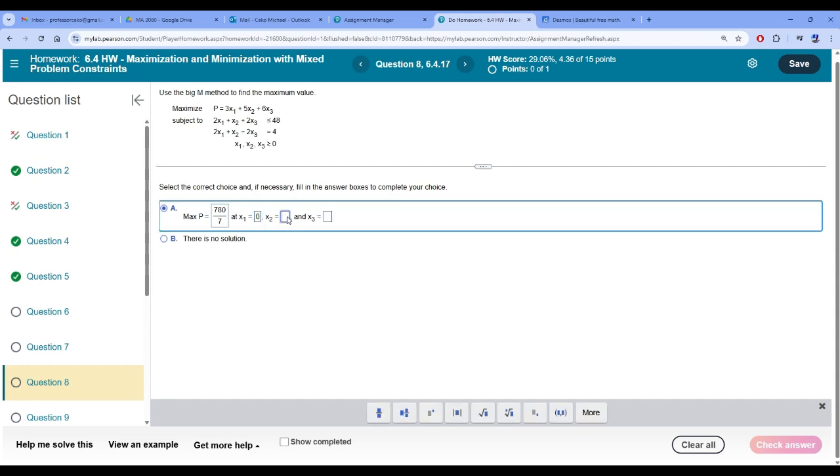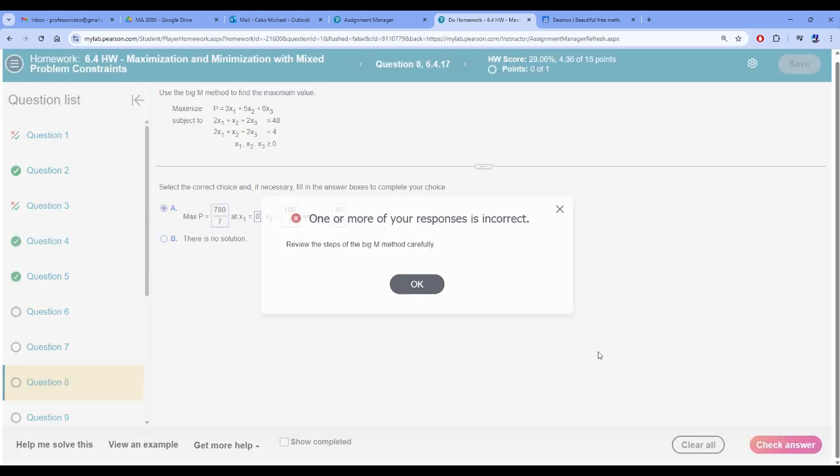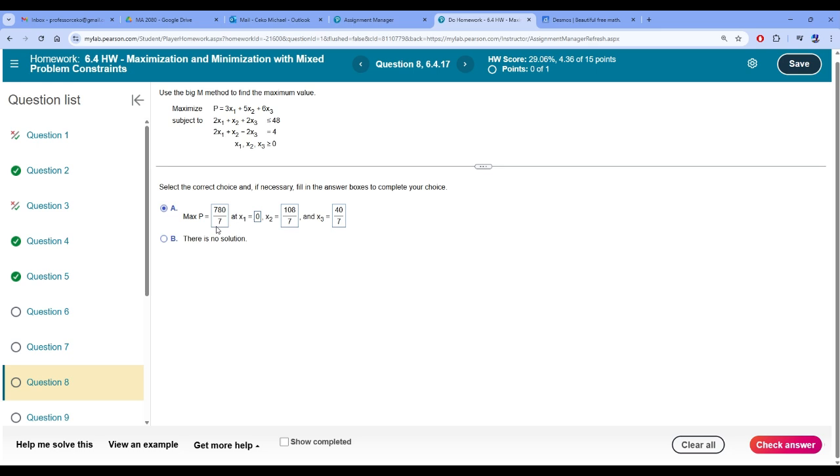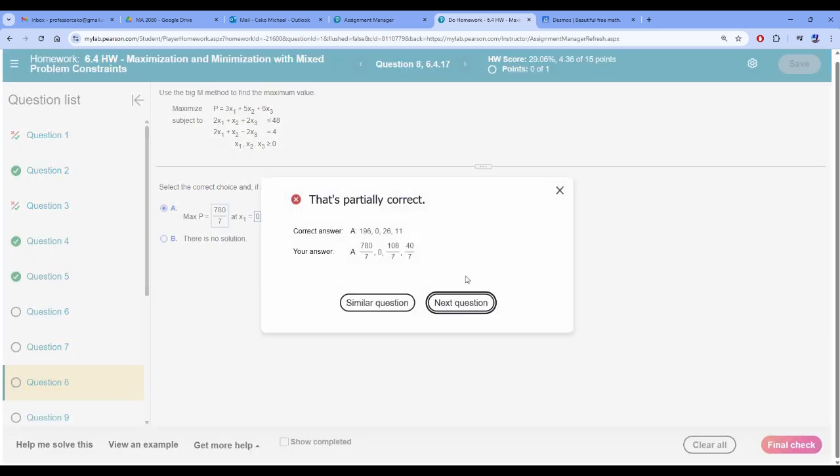This one is 108 over 7, and then this one is 40 over 7. It doesn't say. That wasn't even close.